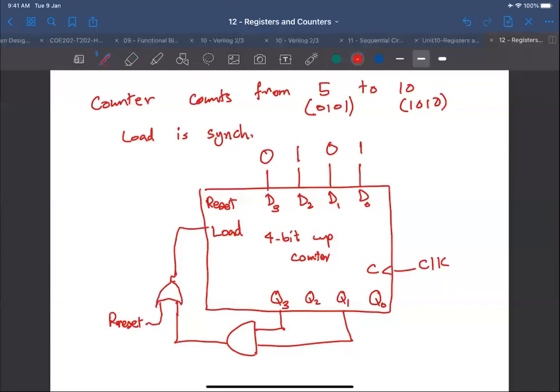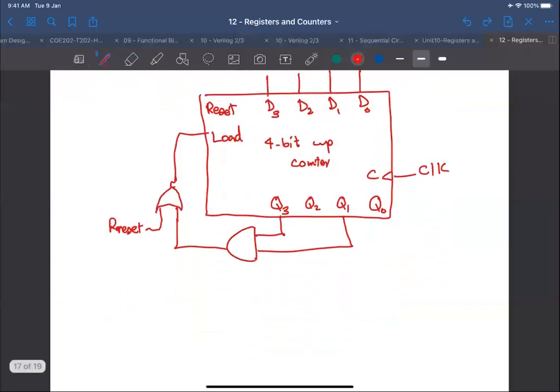Yes. So this is for initialization. But it could happen that if your preset is not there, and for example your counter is outside the count sequence, then you could have a transient period, in which, for example, let's say that the counter starts from 14 or 13.